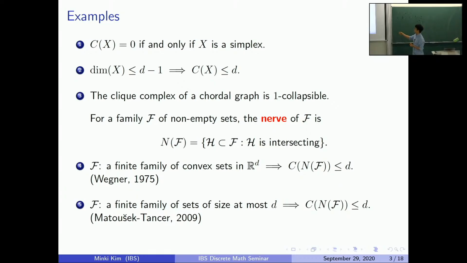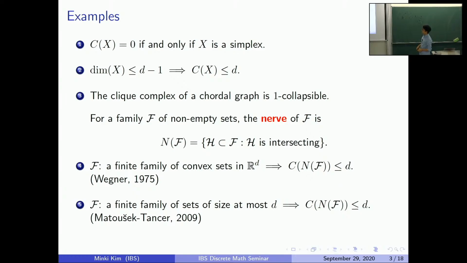So in the clique complex of a chordal graph, every time we pick the simplicial vertex as our free face, and do the elementary 1-collapse for this vertex. This way we can remove vertices one by one to delete the whole complex. So it is 1-collapsible.